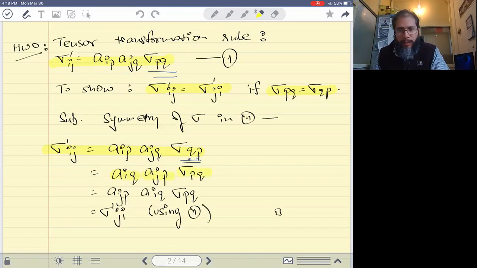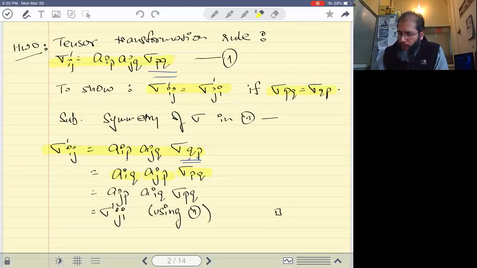And then sigma QP becomes sigma PQ. That's completely allowed because P and Q are dummy variables.